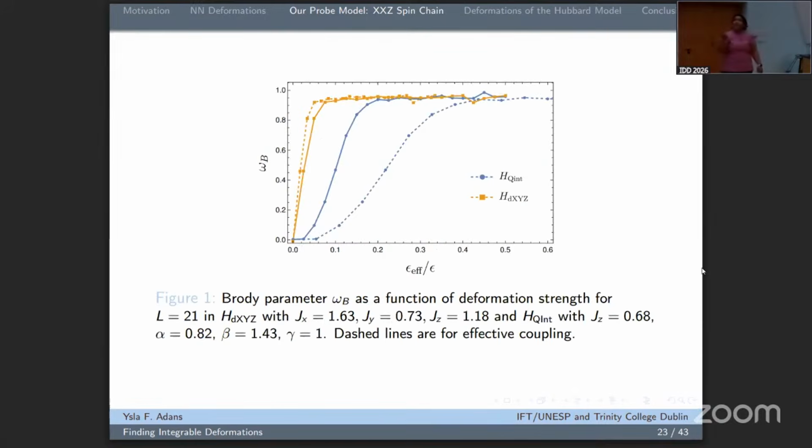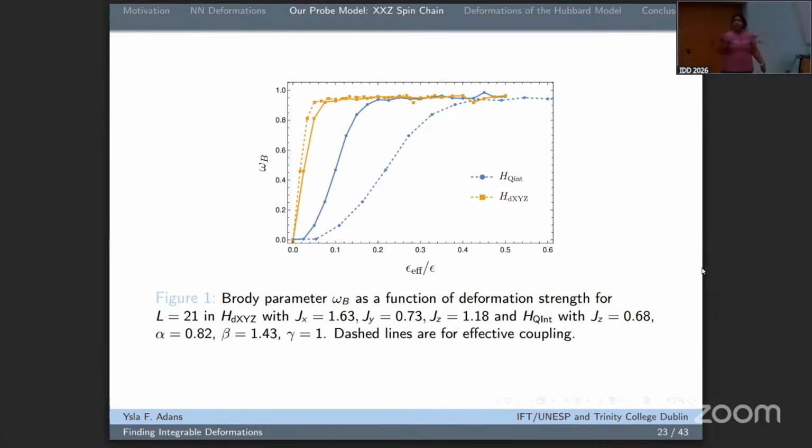As you can see, the blue one is the quasi-integrable one and the orange one is the integrability-breaking one. For the integrability-breaking one, it goes almost straight from integrable to chaotic. You just turn on the deformation parameters and whoop, it goes. But for the quasi-integrable model, it goes much more smoothly. You even have some region here where integrability is preserved, you could say.